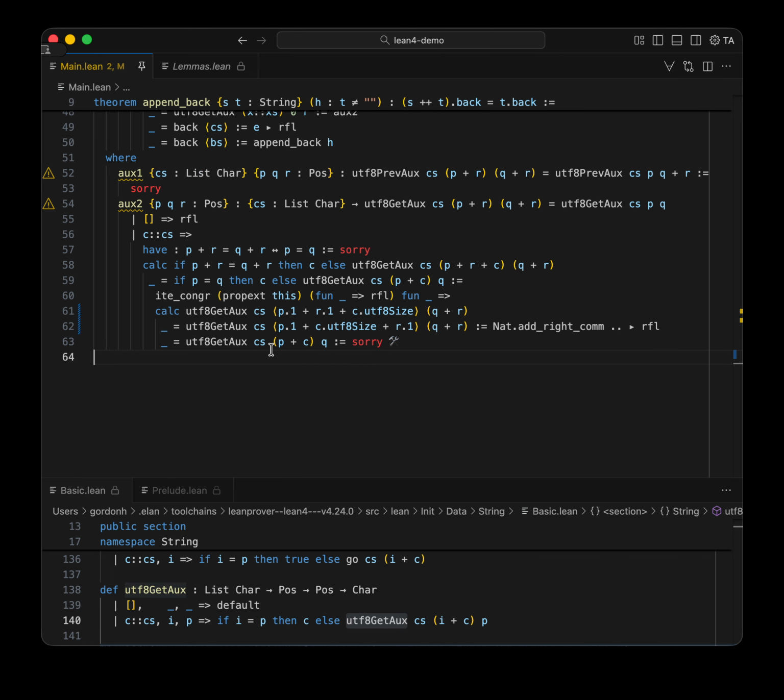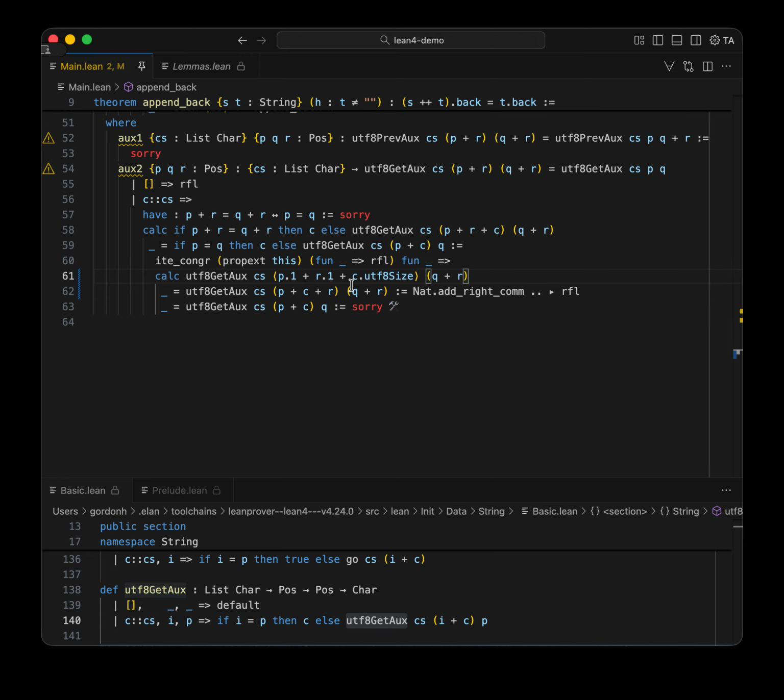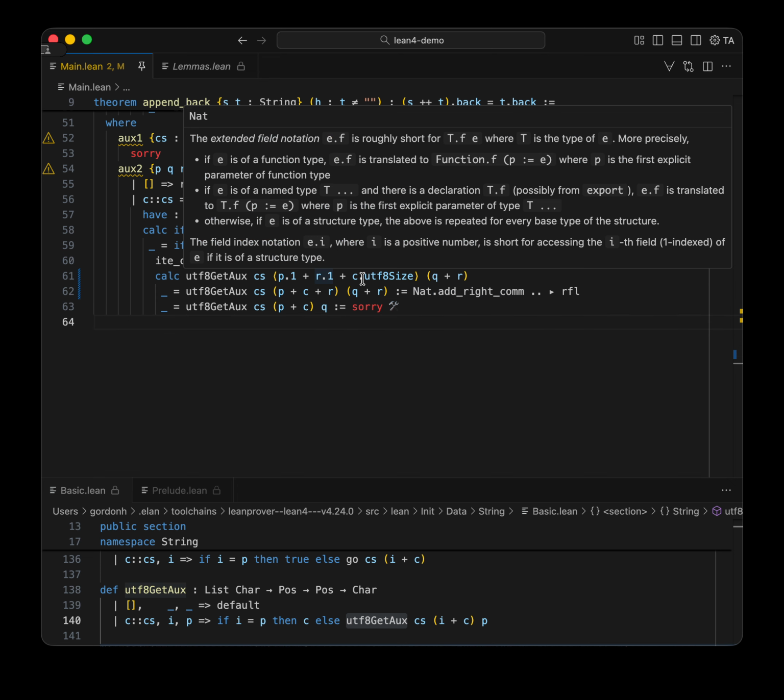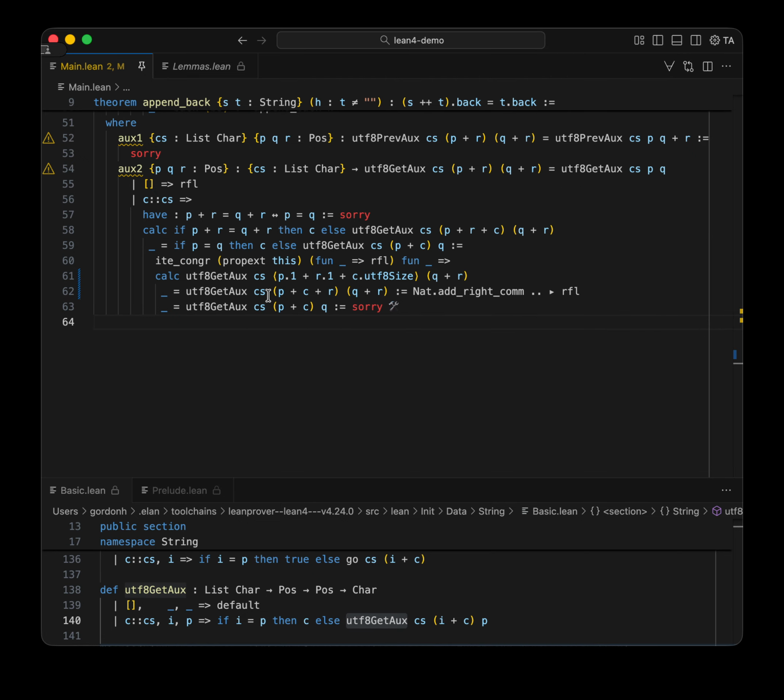And then later on, what we're going to do is P plus C. Okay, so by definition, let's write it in a more suggestive form. This should also work, yes. Because it can now identify the natural numbers from here. So later on, when it's trying to do the substitution, when it's plugging in the implicit arguments for this theorem, it would actually plug in p.1, r.1, and c.utf8Size.